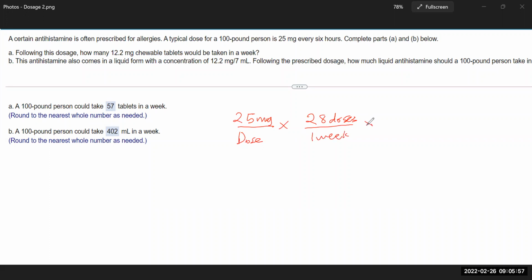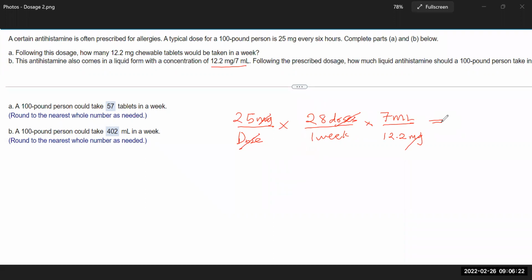And don't forget the concentration of the medication. Now we will put 7 ml up, and we bring 12.2 mg right there. So mg takes care of mg, and then dose takes care of dose, right?